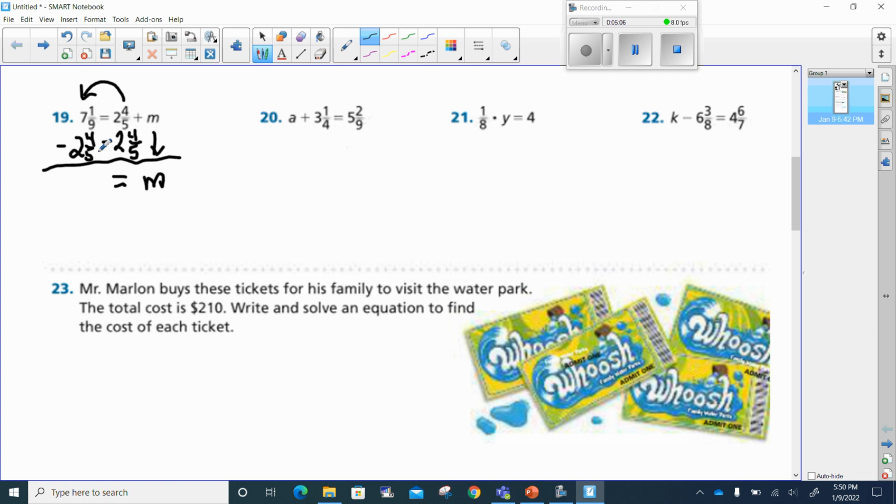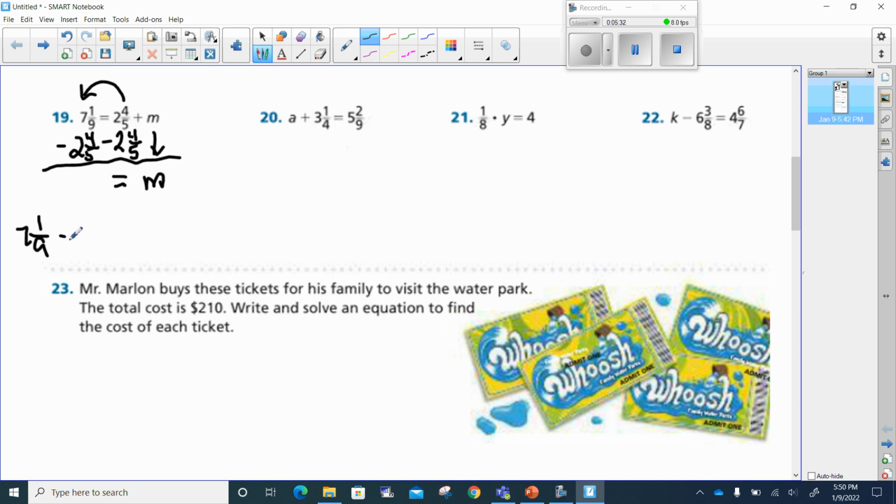Now you might want to go ahead and start right away, but remember, we have to get a common denominator when we're dealing with fractions. So what's a common denominator of 9 and 5? We all know that's going to be 45. I'm going to rewrite this over here so we can see it a little better. We've got 7 and 1/9.